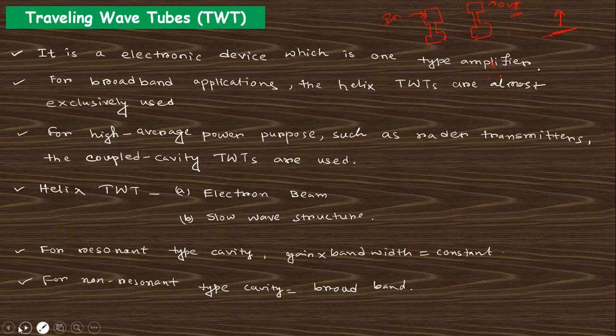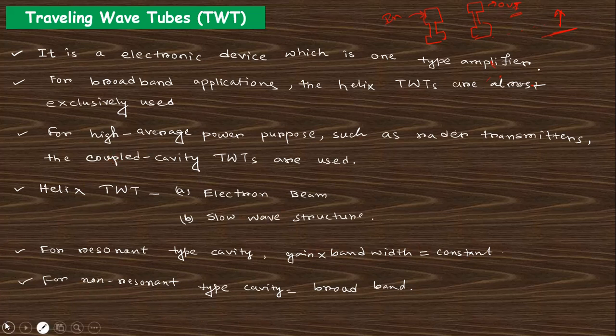There are two things you need to remember: the electron beam and the slow wave structure make the helix type TWT, and for the resonant type cavity, gain and bandwidth are constant. In the case of the cavity resonator, that is the reflex klystron, gain and bandwidth will be constant, but in the case of non-resonant type the band will be broadband.